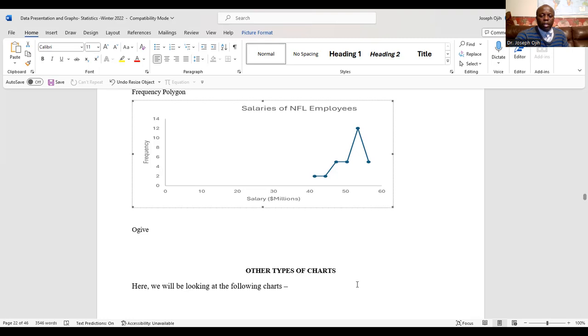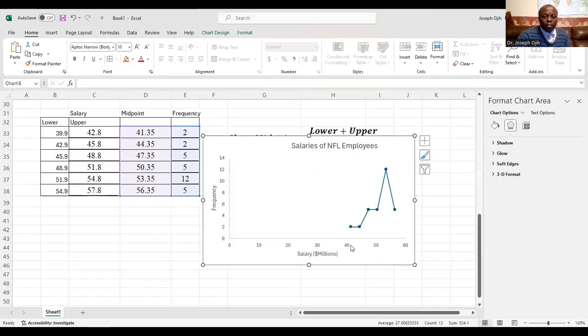Let me see, it's on the Excel. You've got the midpoint here. They made about 53.35 million here.